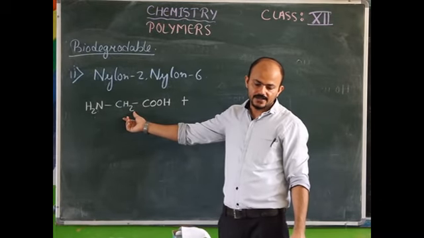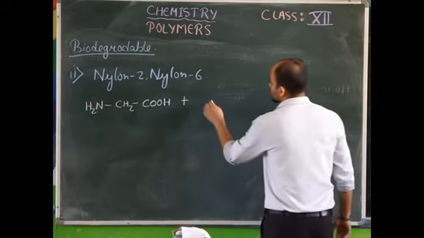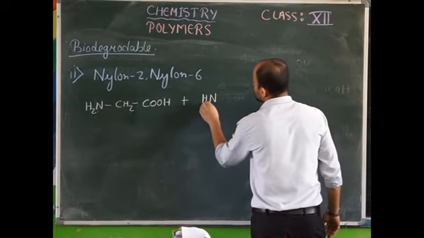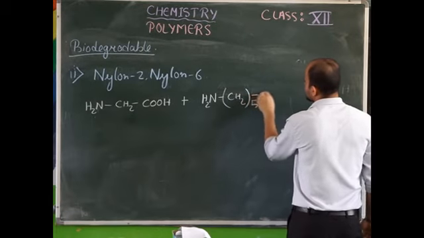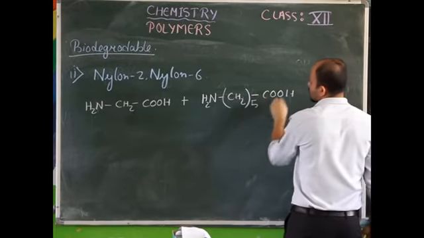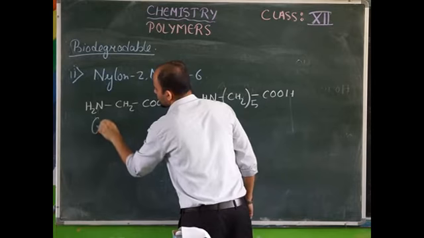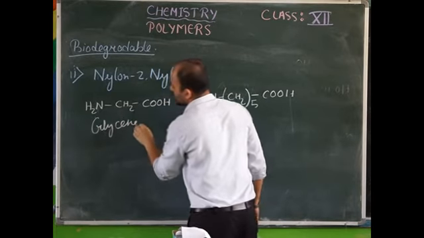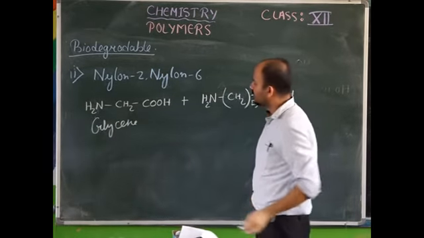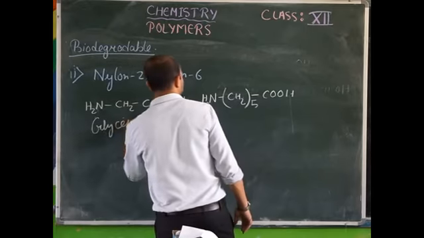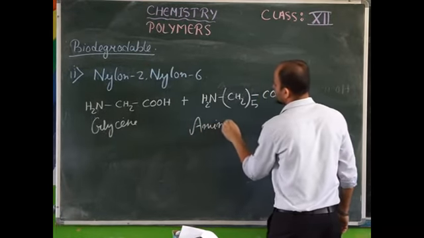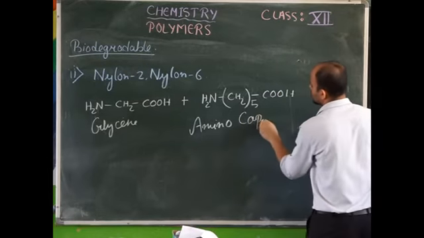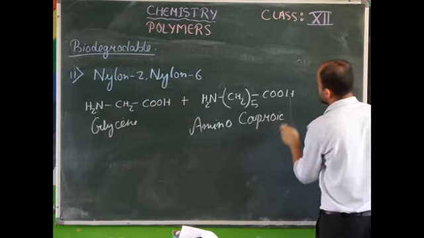Now, whenever glycine is treated with amino caproic acid, that is NH2, CH2 whole 5, COOH, this is glycine, and this is amino caproic acid.